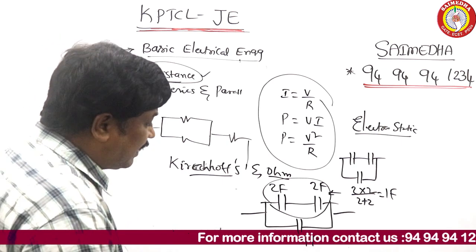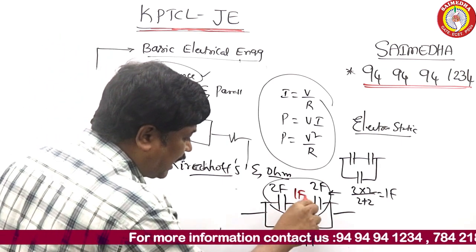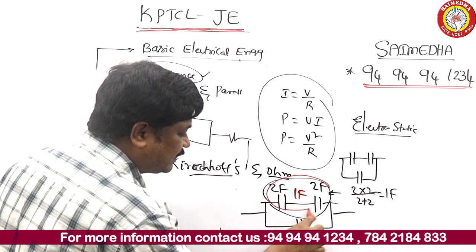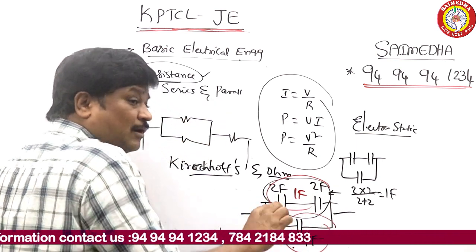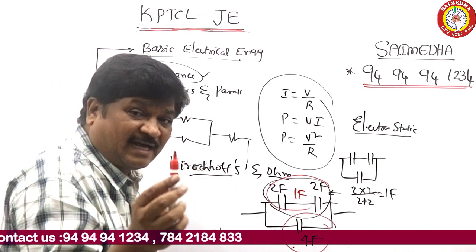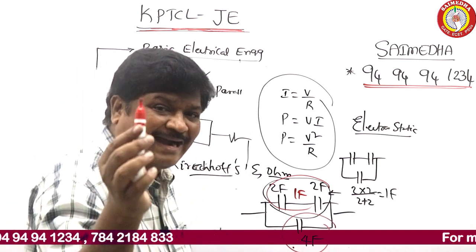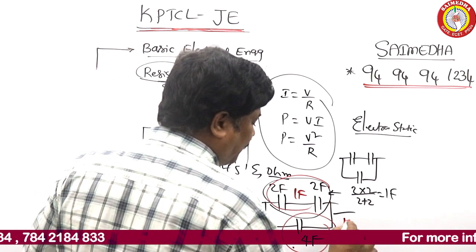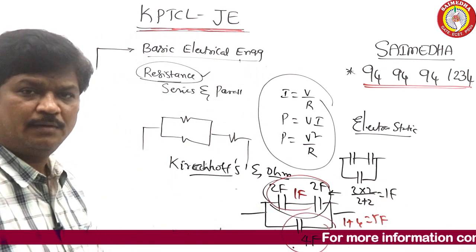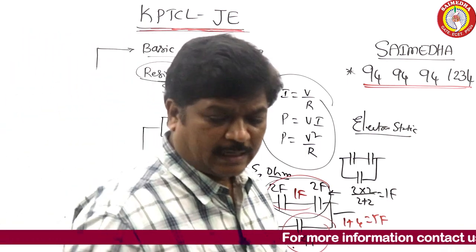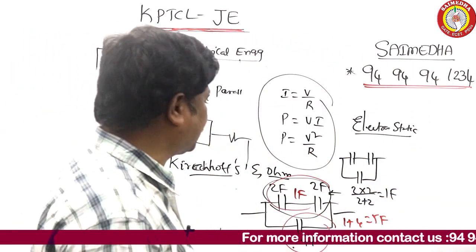And the 1 farad capacitance, whatever you got after simplification, is in parallel with one more capacitor. In the parallel combination, in case of capacitors, we simply add, that is 1 plus 4 is equal to 5 farads. Like that they will ask you capacitors in electrostatics.